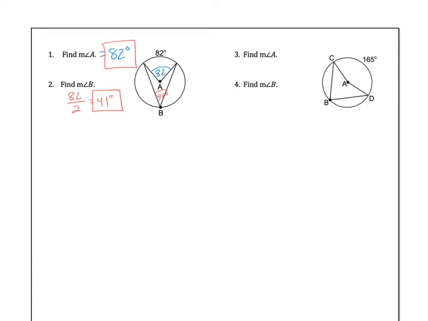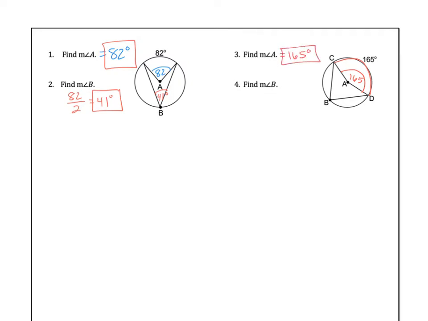Okay, will you pause the video and try numbers 3 and 4? So angle A should be the same as the arc. So this is 165, so this is 165. Angle B, I'll write that down.